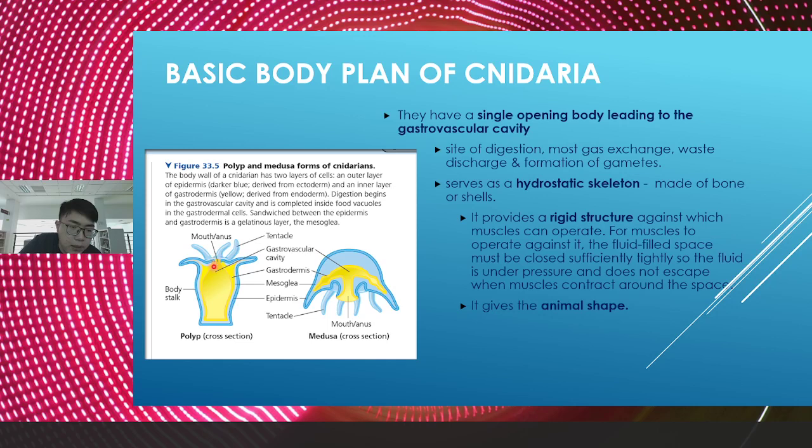In the picture, it is labelled mouth or anus. If you enter this opening, it will lead to the gastrovascular cavity. Ada satu air space lah, macam ni. Polyp and medusa. Later I will explain what they are.